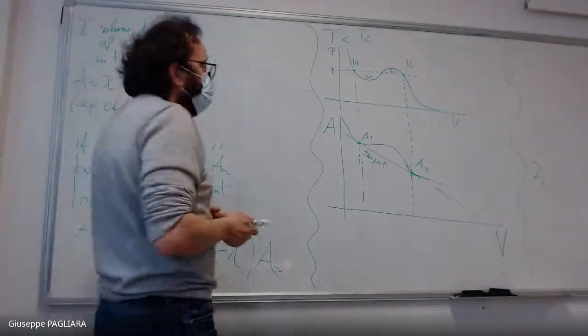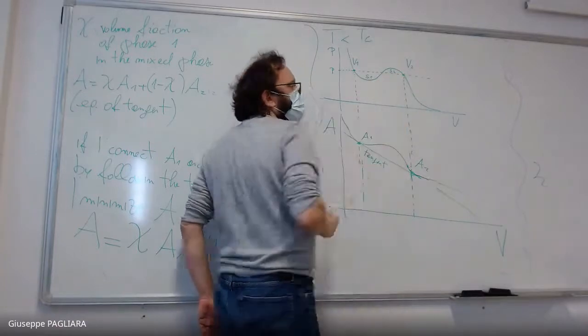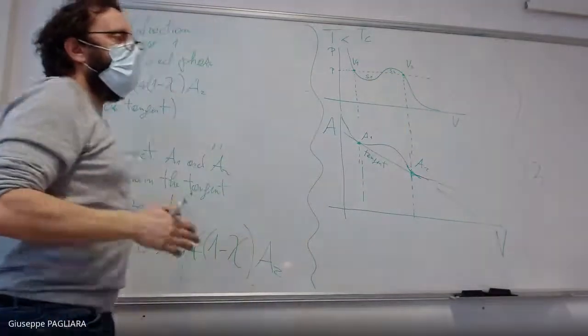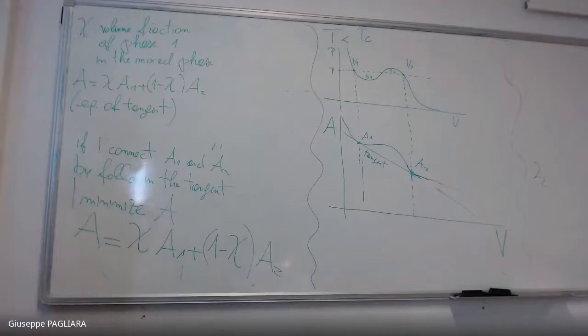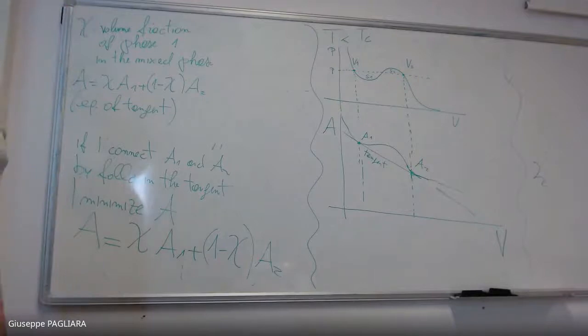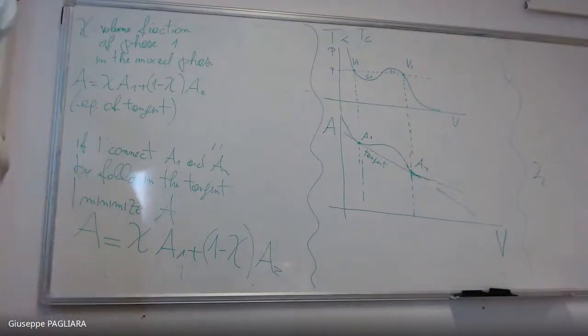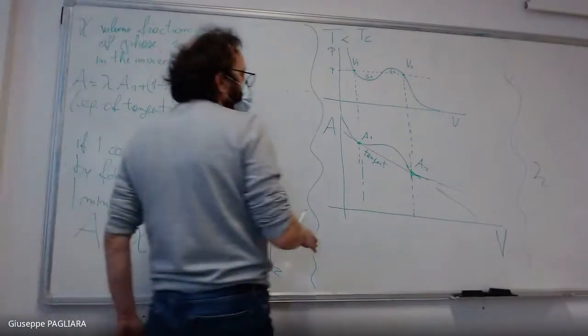Second, I know that this branch is unstable from the mechanical point of view, and I cannot deal with it in thermodynamics. I know instead that in a state of equilibrium, the second principle of thermodynamics is telling me that I need to minimize the Helmholtz free energy. How do I minimize the Helmholtz free energy here?